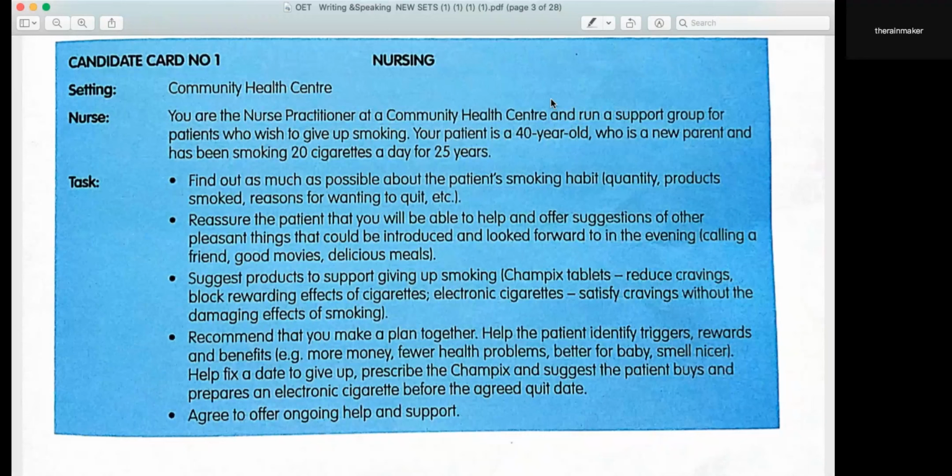Here, in this particular case, it is about smoking, right? So you need to give various facts. You need to talk about different things to make the patient believe that giving up smoking is important. You need to give rational comments and reasons for the patient to give up smoking or reduce at least.